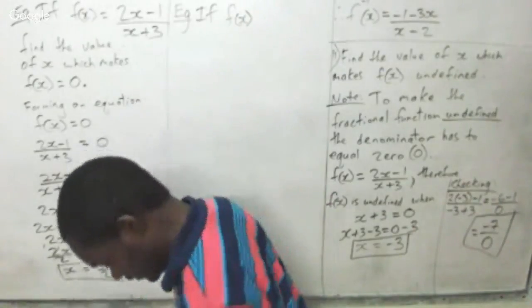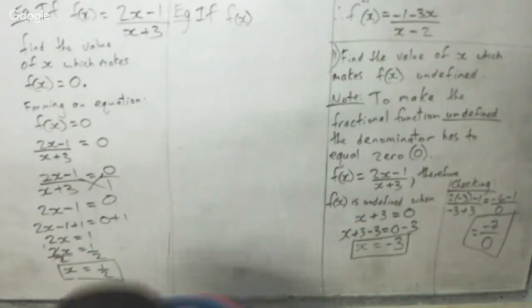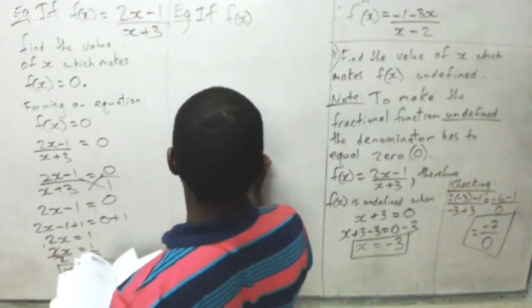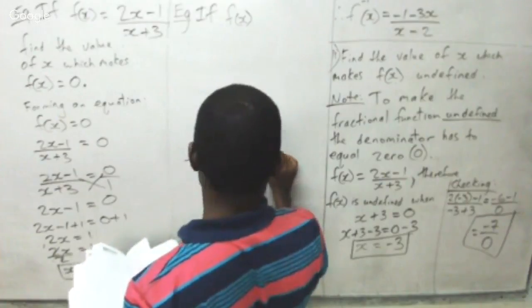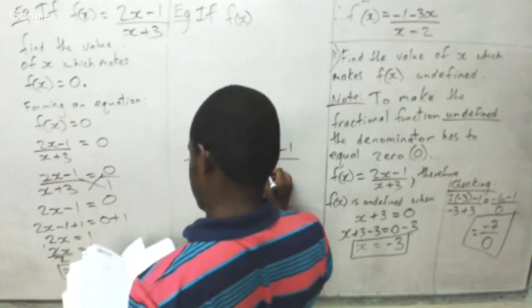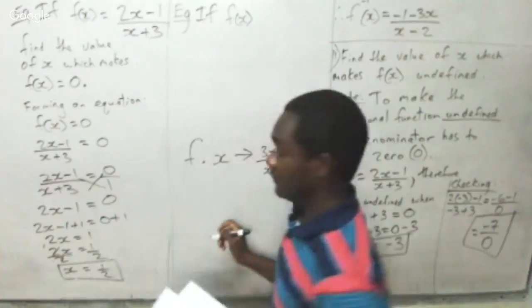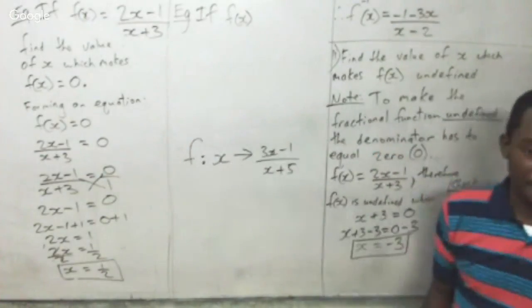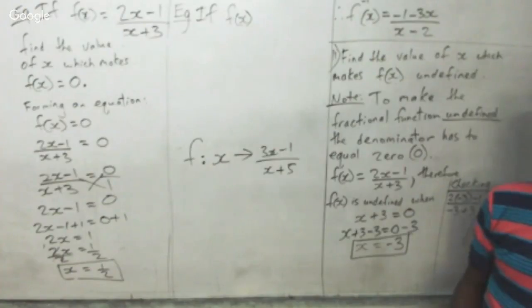What if I wrote a function like this? f is such that x is mapped onto (3x minus 1) over (x plus 5). Would you freak out? No. f of x is equal to 3x minus 1 over x plus 5.